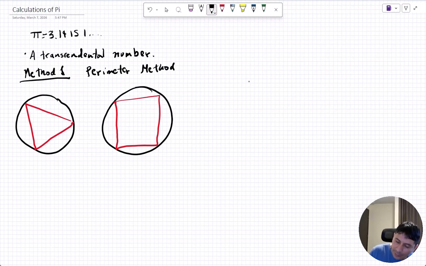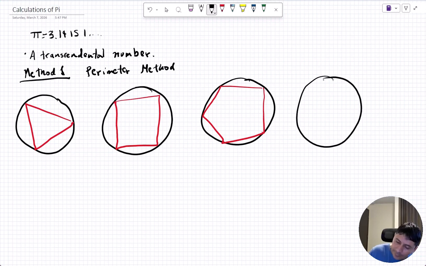Next, we can draw another circle and then draw a regular pentagon in it, right? And then we can draw another circle, and draw a regular hexagon, right?